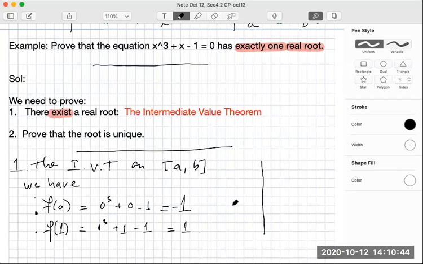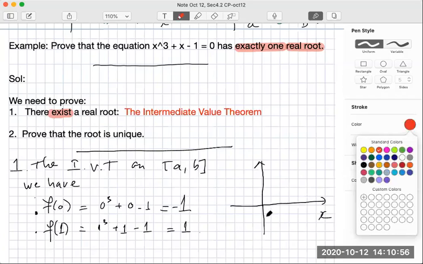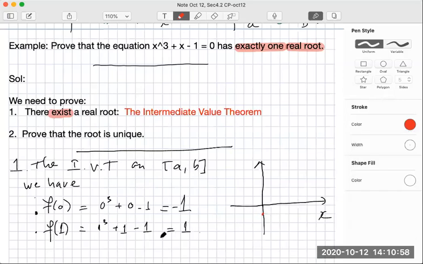Look at this. We don't know the graph of this function yet, but we know that at 0 it is -1 and at 1 it is 1.